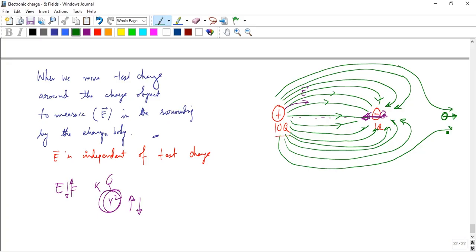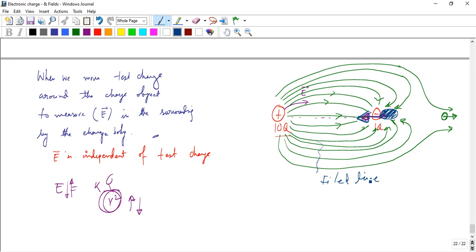You see that at this point, in this region, the electric field is in that direction, because that green color line is called a field line. This green color line is a field line.